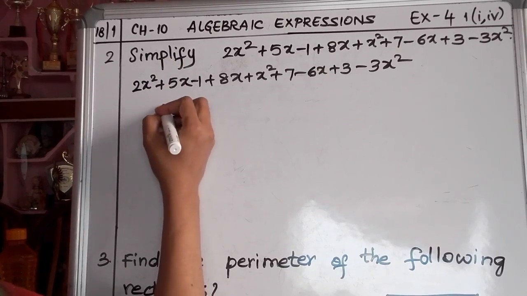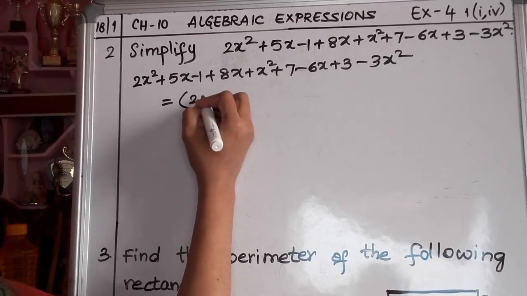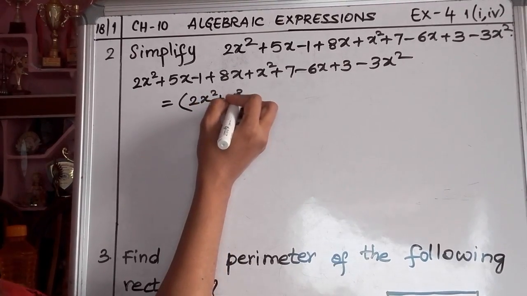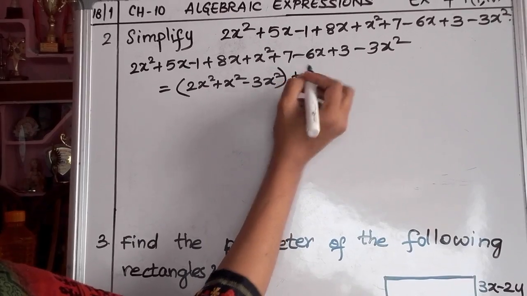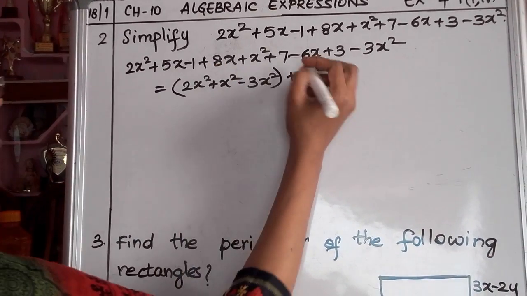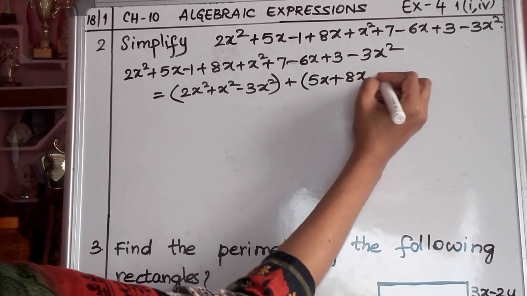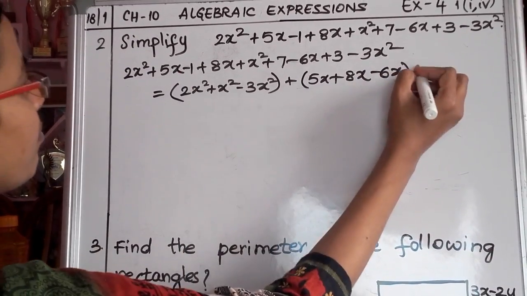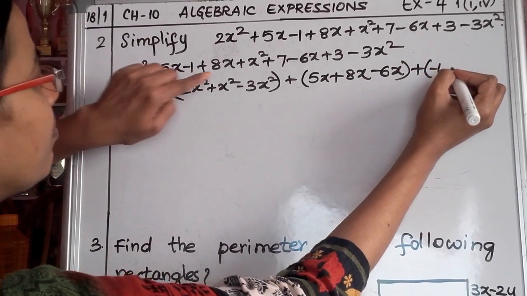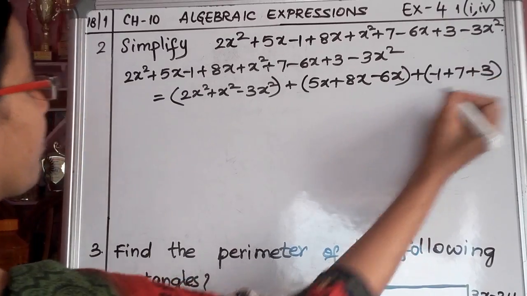First copy the question, then let us write the like terms together. 2x square plus x square minus 3x square, plus x terms 5x plus 8x minus 6x, plus minus 1 plus 7 plus 3.